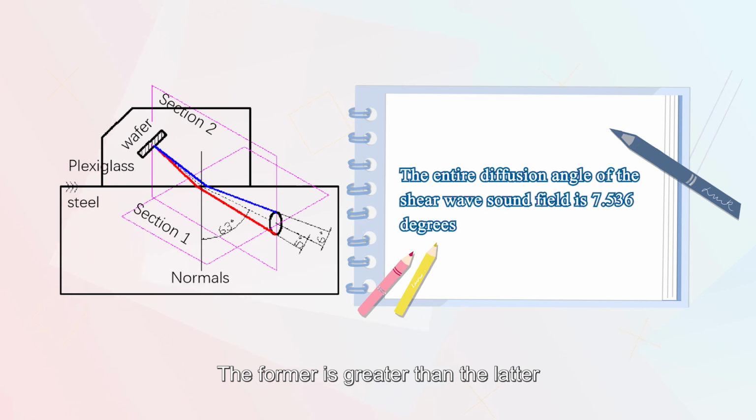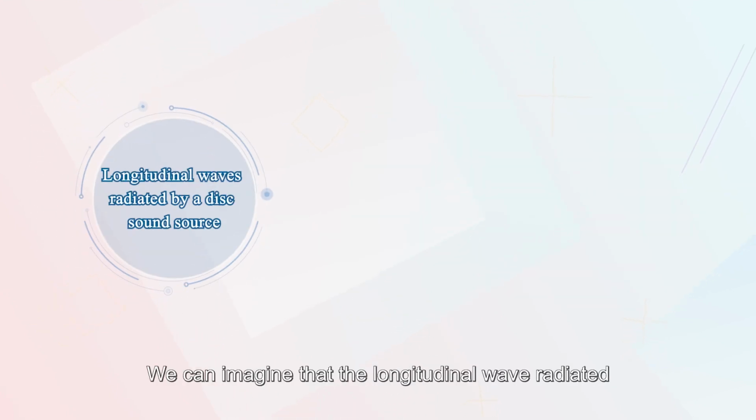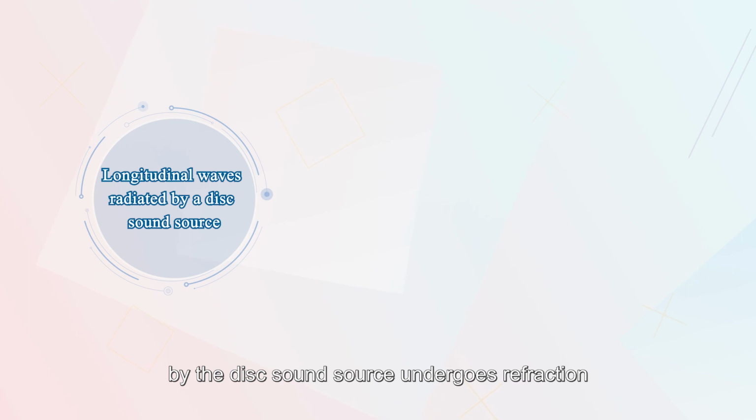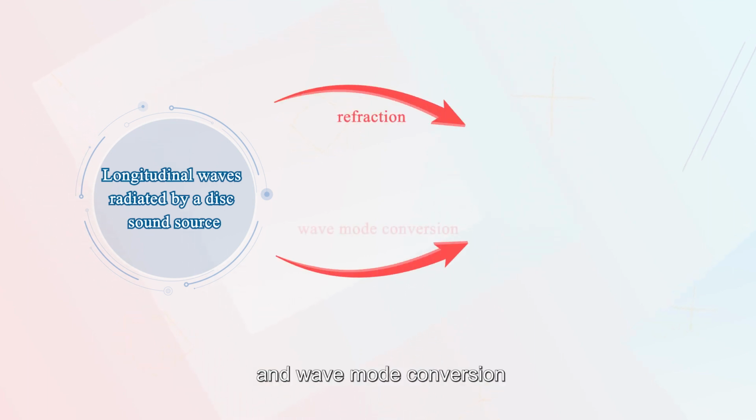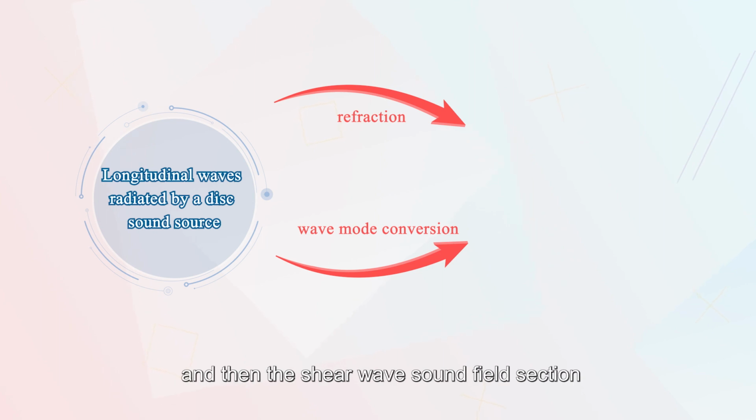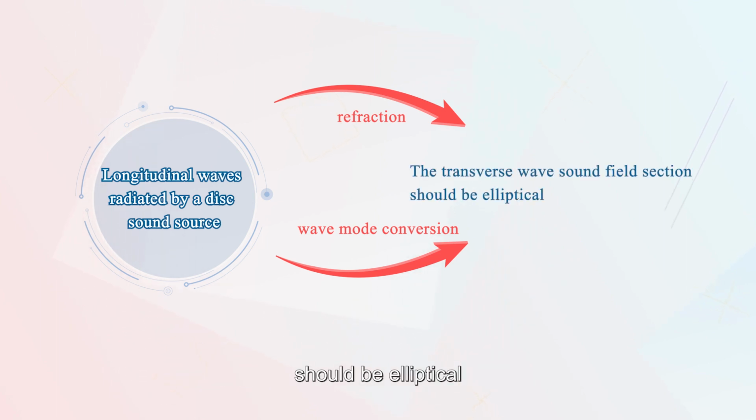The former is greater than the latter. So now we can imagine that the longitudinal wave radiated by the disk sound source undergoes refraction and wave mode conversion, and then the shear wave sound field section should be elliptical.